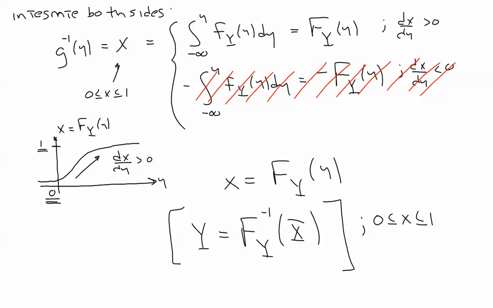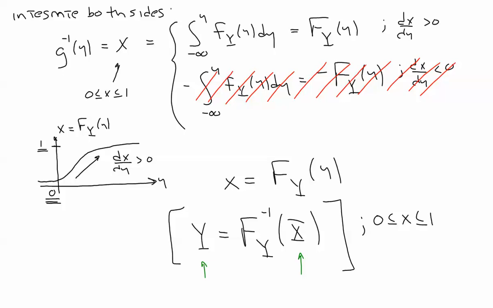So what that tells me is, if I take a random number generator, for example, and I calculate 10,000 points that are uniformly distributed on 0 to 1 and plug them into a function which equals the inverse of the cumulative distribution function for y, I will get out an equal number of points in y that are distributed in any way I choose. Okay?